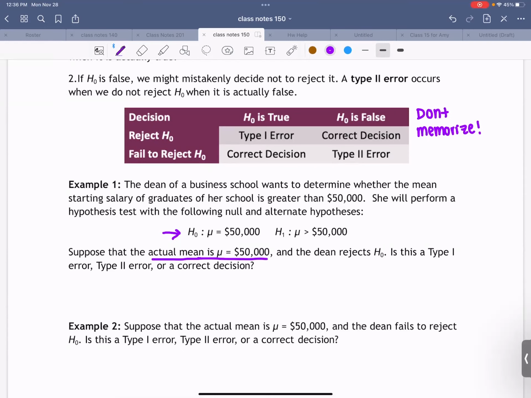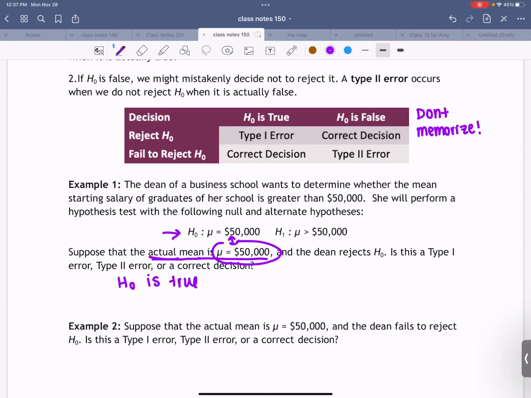If the mean is actually equal to 50,000, is the null hypothesis H0 going to be true or false? It's going to be true, and why is it true? Well, it literally matches the null hypothesis. Because they're the same, the null hypothesis is true.